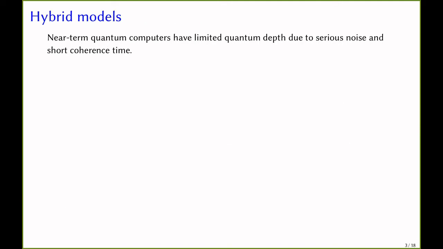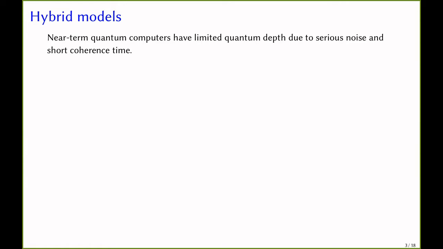But before we dive into technical details, let us formalize what kind of computational model we describe in this talk. The motivation is the following. In the near term, we only have quantum computers that have limited quantum depth because the quantum noise is very serious and the qubits are scarce.